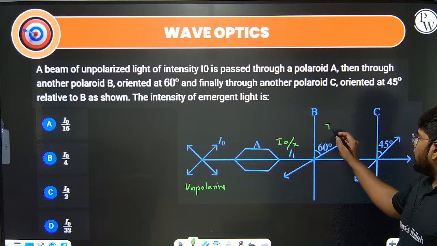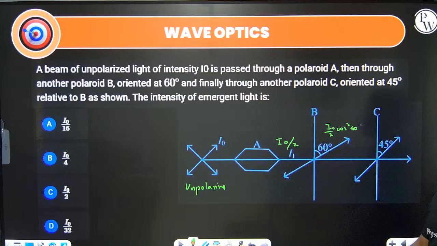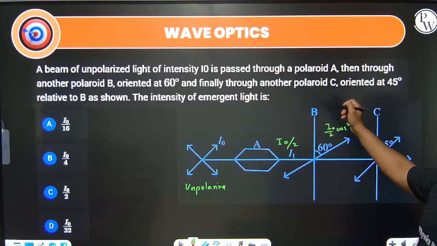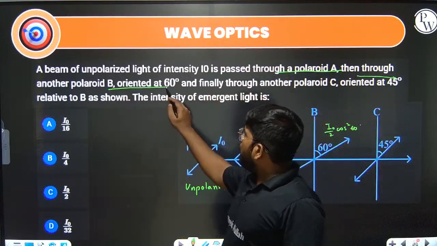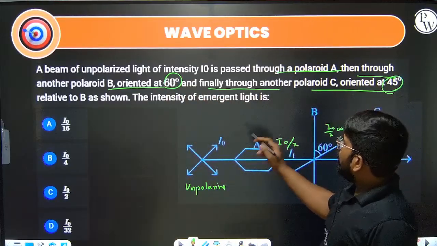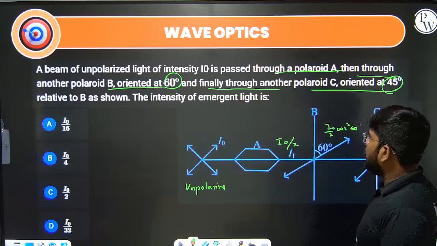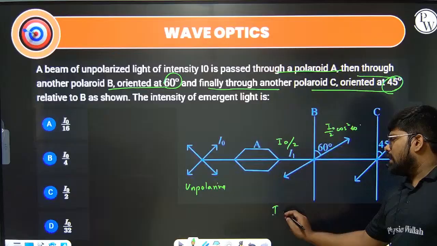It becomes I naught by 2 cos square 60. Then we have another angle of 45 degrees. First polarizer, then through B polarized at 60 degrees, and finally through another polarizer at 45 degrees relative to B. So with respect to B, it is making 45 degrees.